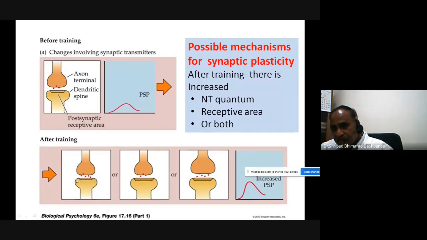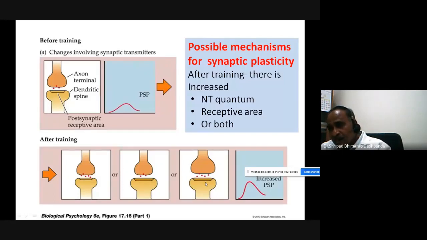It has the receptors, and now the receptor area is increased. The number of receptors is increased. So these 3 moles effectively interact with the receptor area, and that would produce a greater response. In this situation, maybe only 1 or 2 moles may be activating. All 3 would be able to activate the receptors.